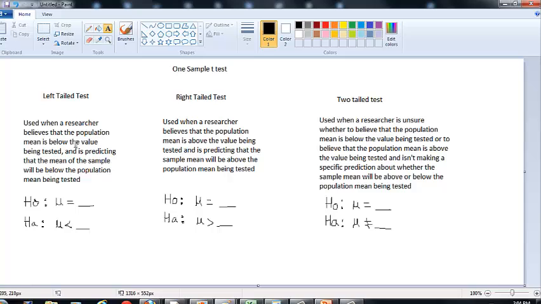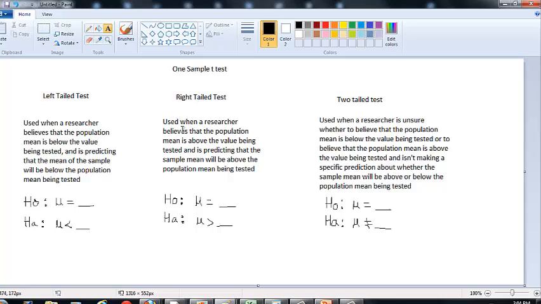And if the researcher has a reason to believe that the population mean is below 23, they would also expect their sample mean to be below 23, because if the population mean is below 23, your sample mean should follow that, and it should also be below 23, because the sample comes from the population.